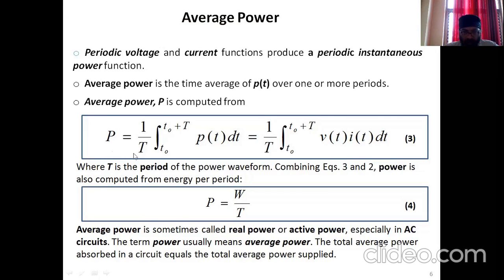So mathematically, how can we do it? This instantaneous power, a function of time, starting from time instant t0 to t0 plus T, can be one complete cycle. And for that complete cycle, how much power has flown?